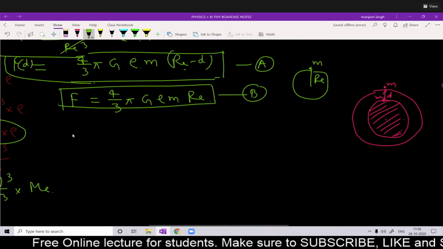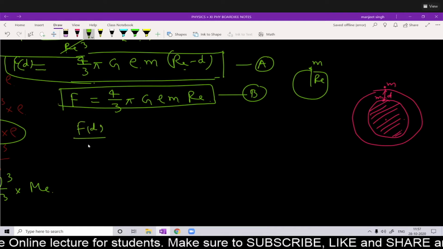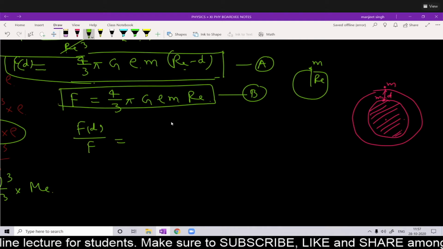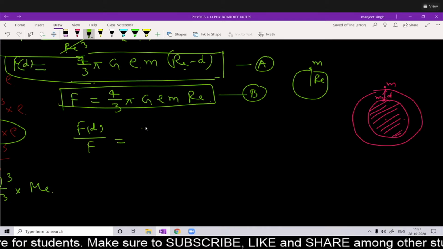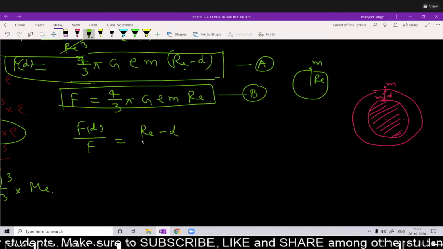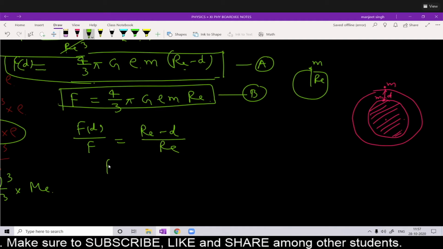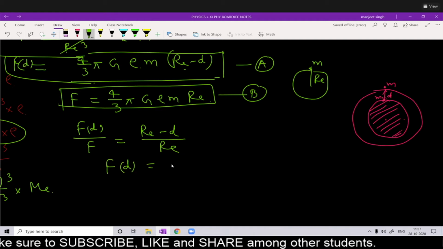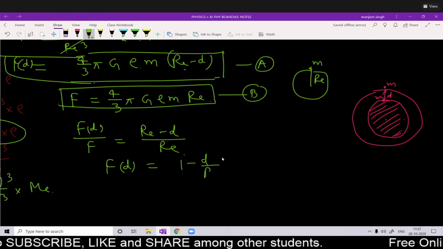So let us divide these two equations and we find the expression FD upon F is equal to, see, everything cancels out, and we have RE minus D upon RE. That means FD is equal to F times 1 minus D upon RE.